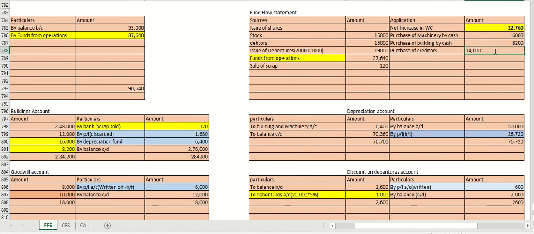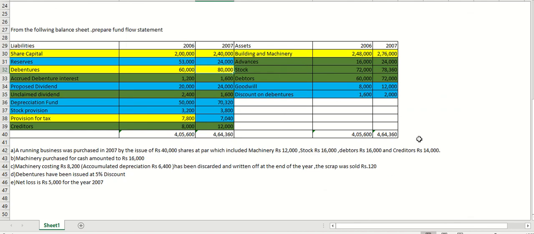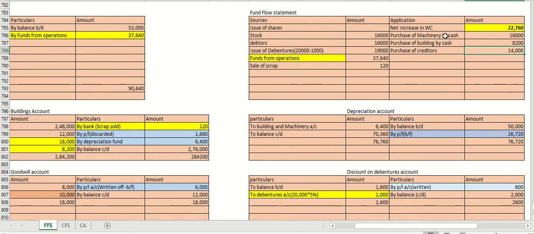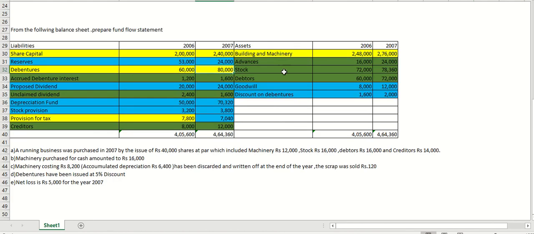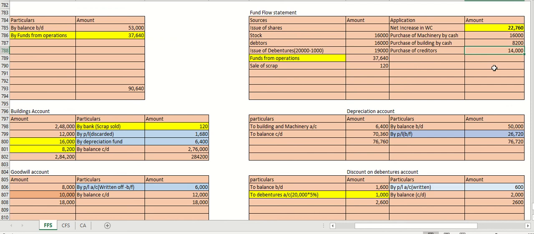How did we get this? In the adjustment, we have purchased the creditors by 14,000. So since it is liability, we will show it as application of funds. But the other two, which is your machinery and goodwill, will not be showing because it will be shown up in your respective ledger accounts.